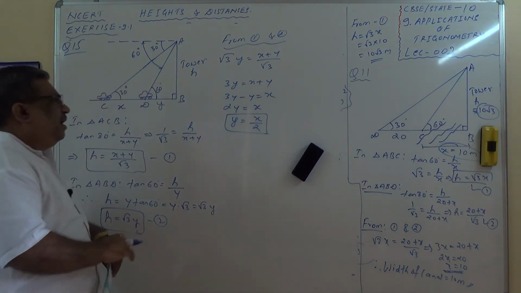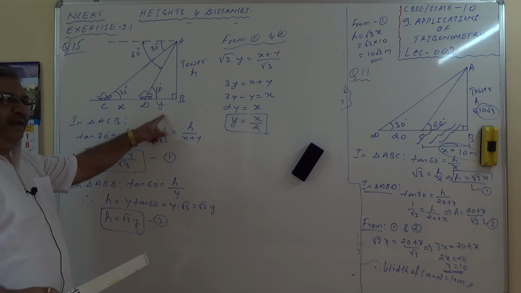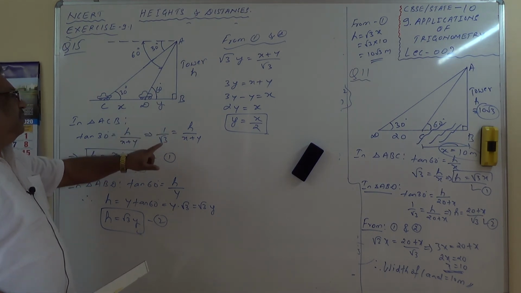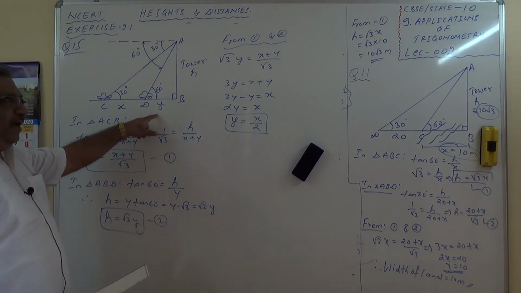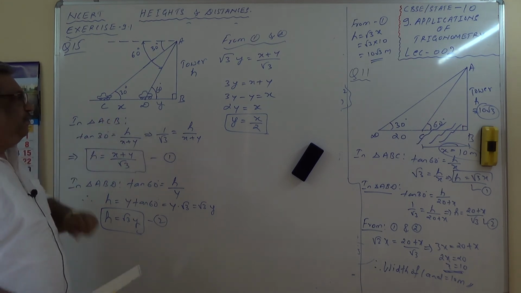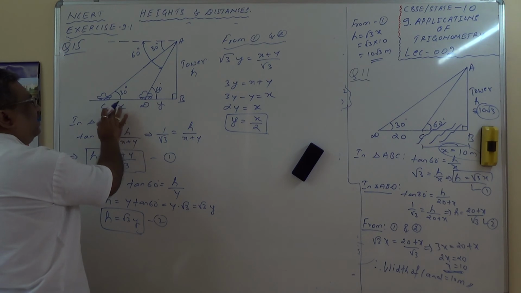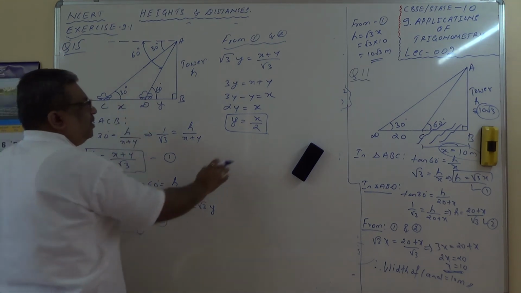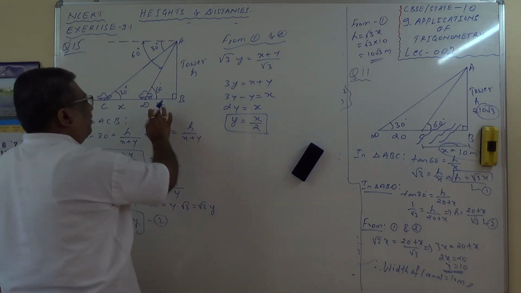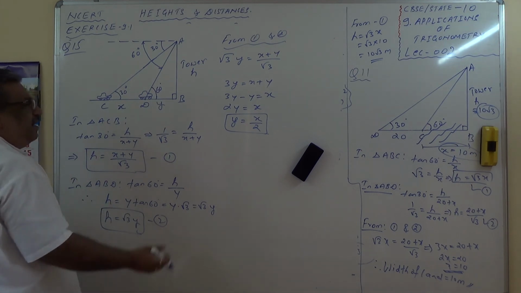Now I know the distance y. I have to calculate the time taken to cover the distance y. That is the question asked. To cover x distance, the car takes 6 seconds. To cover y distance, how many seconds does the car take? That is the question.